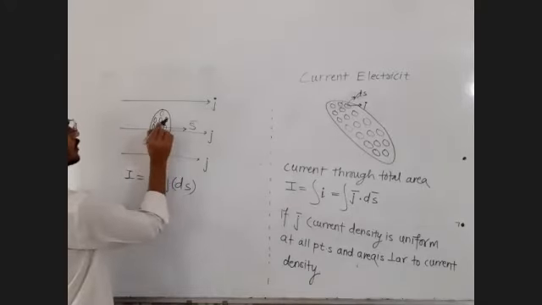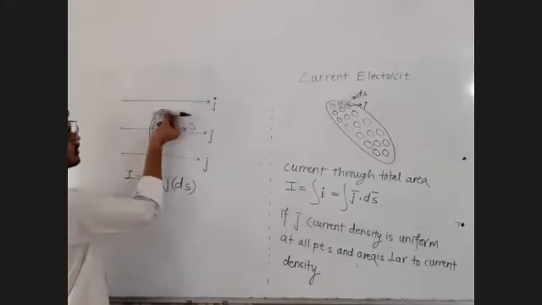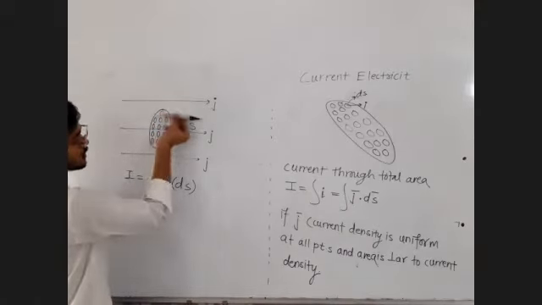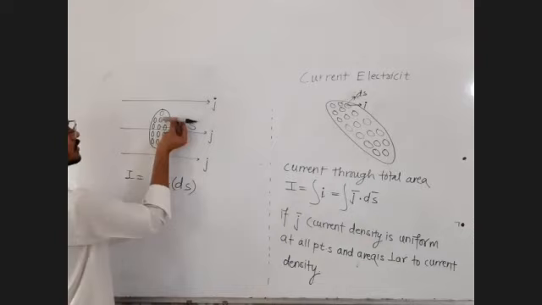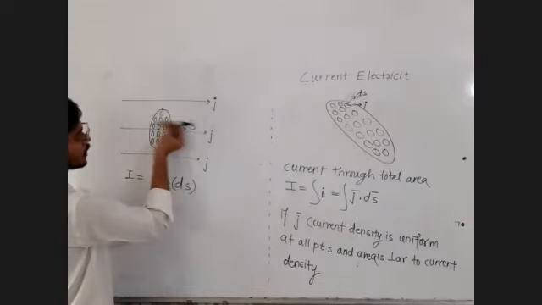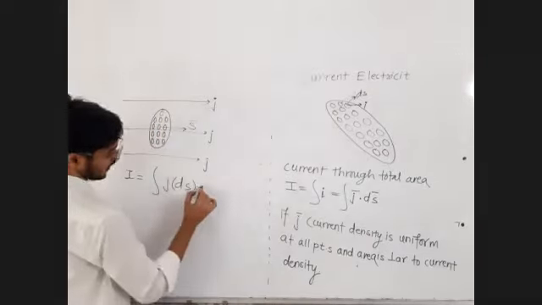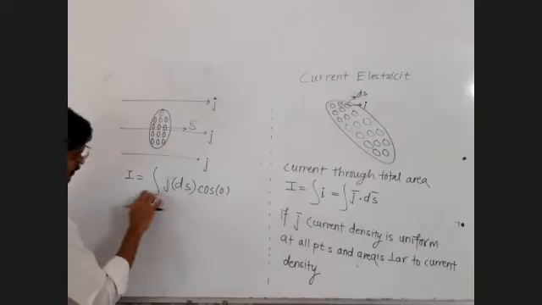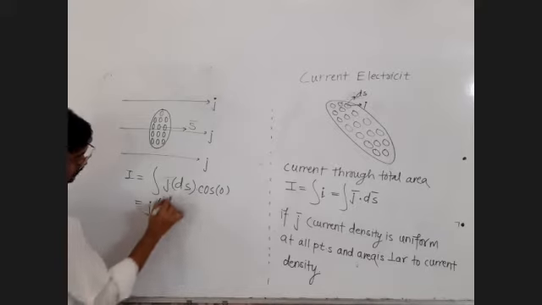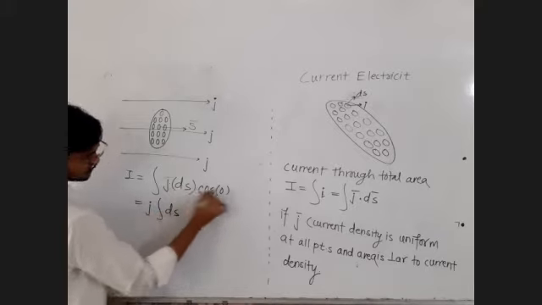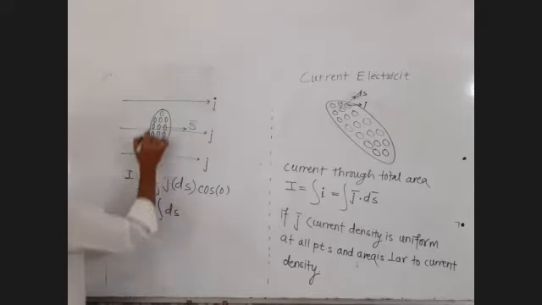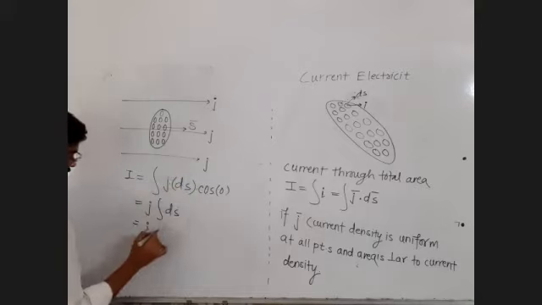Now all the ds and all the J bar are in the same direction. At all the points, ds bar and J bar both are in the rightward direction. So angle between them is 0. And this J is a constant, can be taken out of integration. Integration of ds will be as it is, cos 0 is plus 1. And integration of this ds will be equal to S.